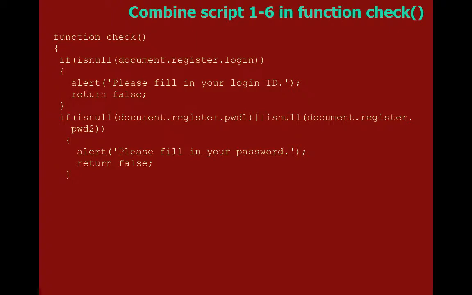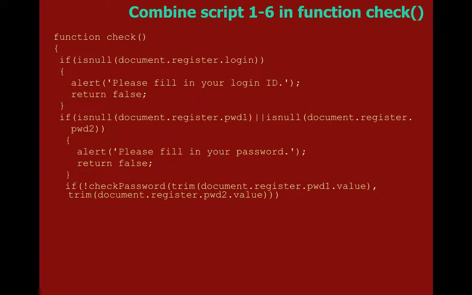So document.register.pwd1 is looking for the field in the form named register, and the name of the field is pwd1. It's comparing the values in the pwd1 field and in another field called pwd2, and then checking whether they are null or not, and so on.